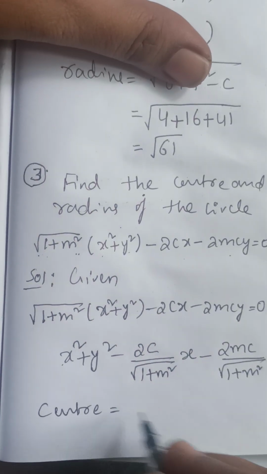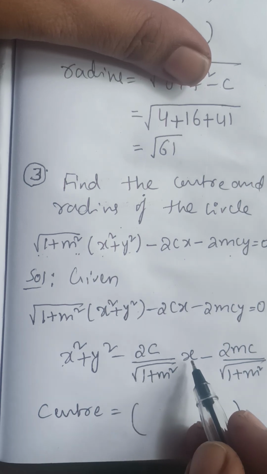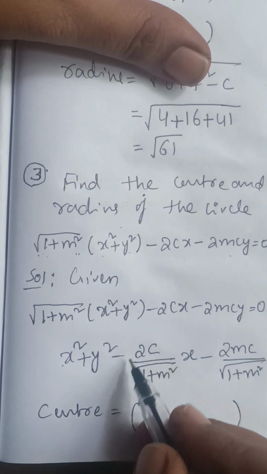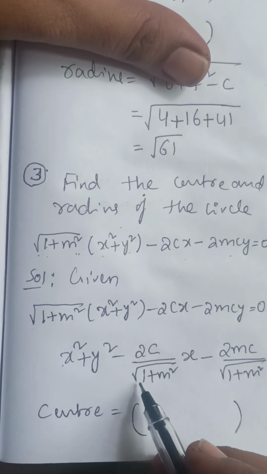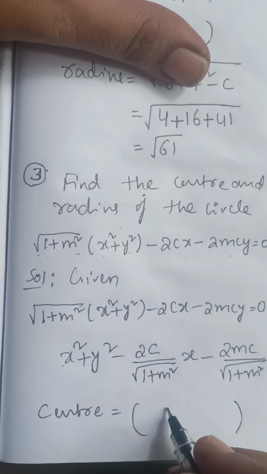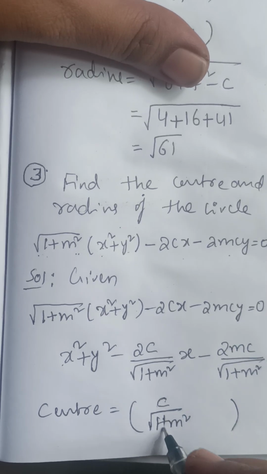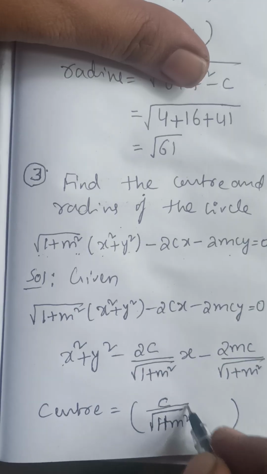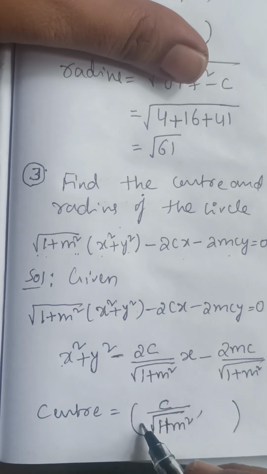So center. Directly, take the coefficient of x and make it into half. Half means divide with 2. So 2c by root of 1 plus m square, divided by 2, gives us c by root of 1 plus m square. And opposite sign, so it is minus but write plus.